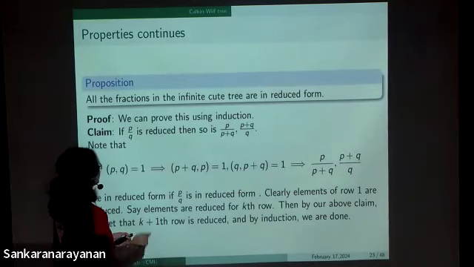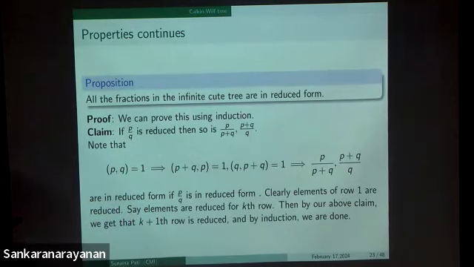So if P by Q is reduced, then so is P by P plus Q and P plus Q by Q. Can you guys see why? We just talked about it right now. Cool. So then I use induction over the rows. If my kth row is all reduced, then by induction, the k plus 1 row would also be reduced.